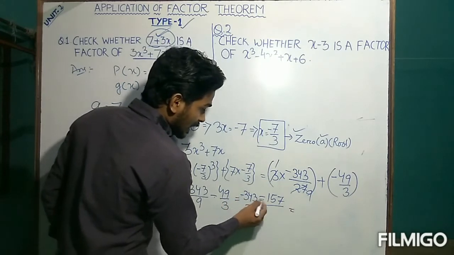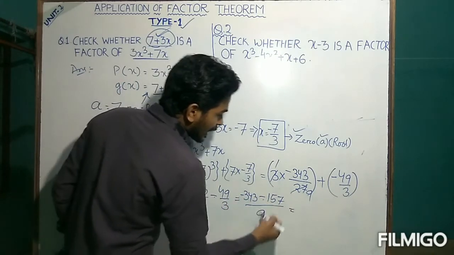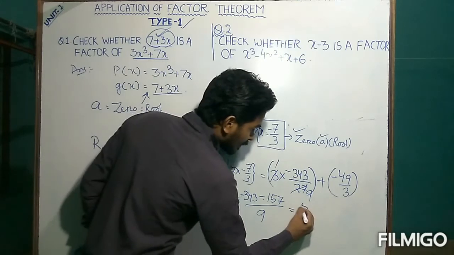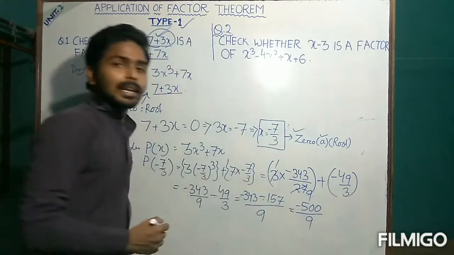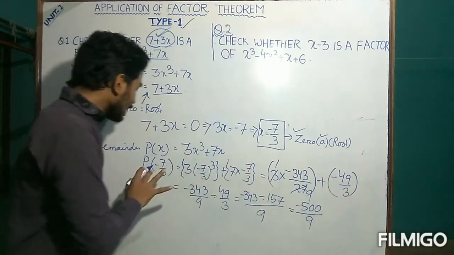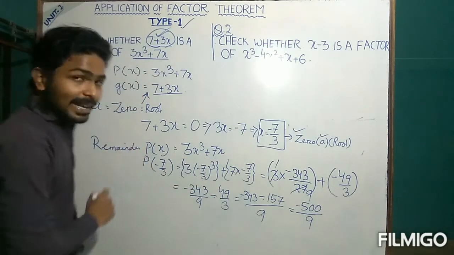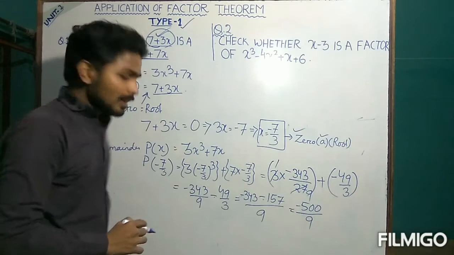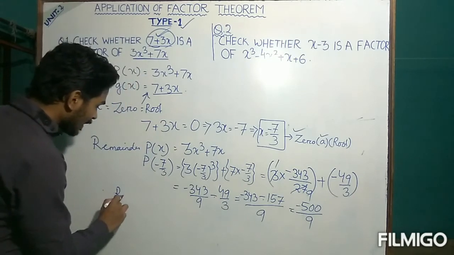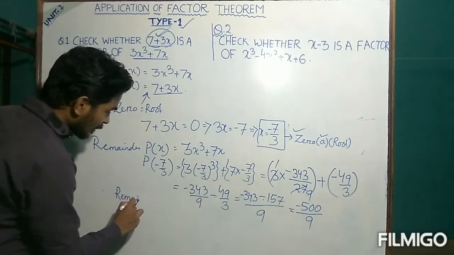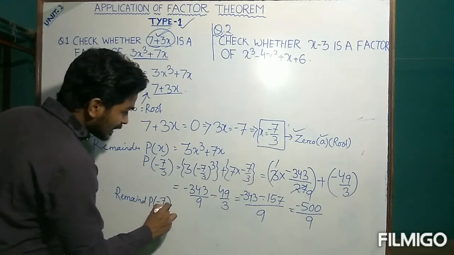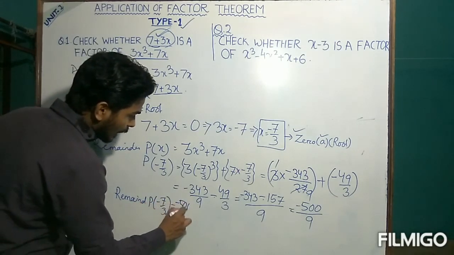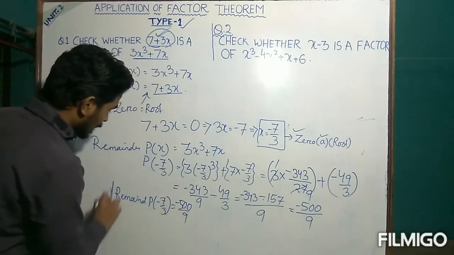Since there is the same sign, they must be added, and after addition it will give minus 490 divided by 9. So what do we get after putting the value of x in the polynomial? We get the remainder, that is p of minus 7 by 3 is equal to minus 490 by 9.